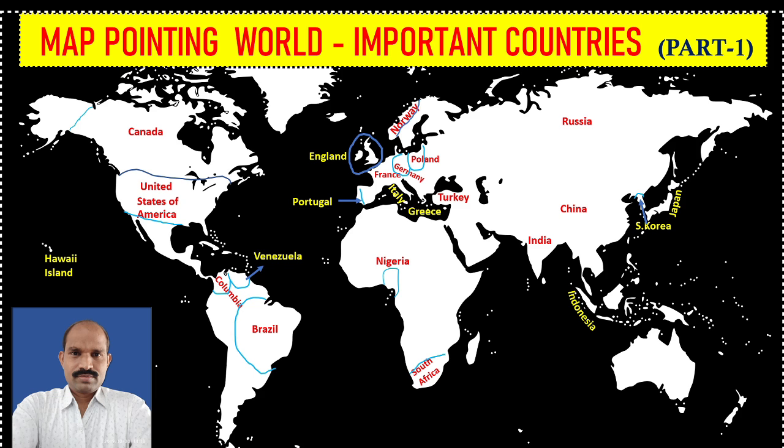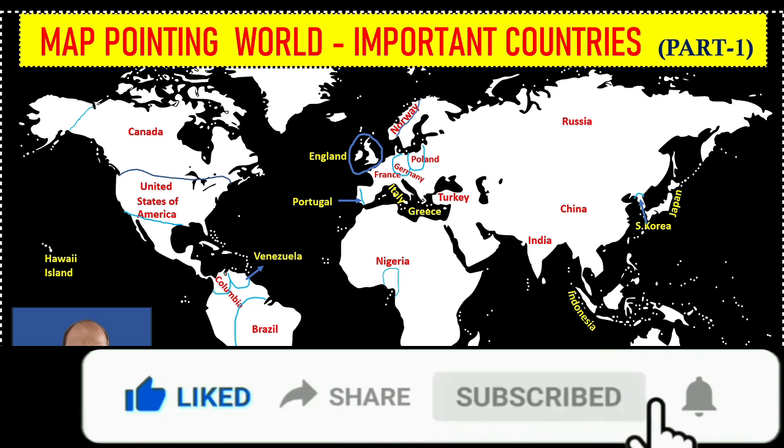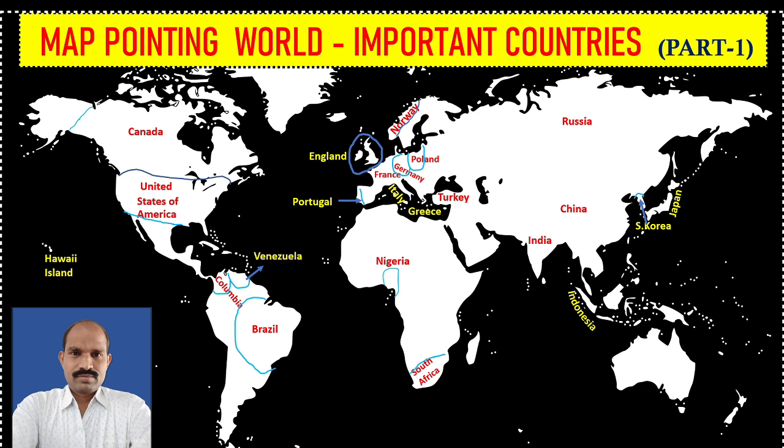Names of different places, countries, cities may be asked to locate in the given outline map or political map of the world. So today in this video you will learn how to locate the places on a given outline map.